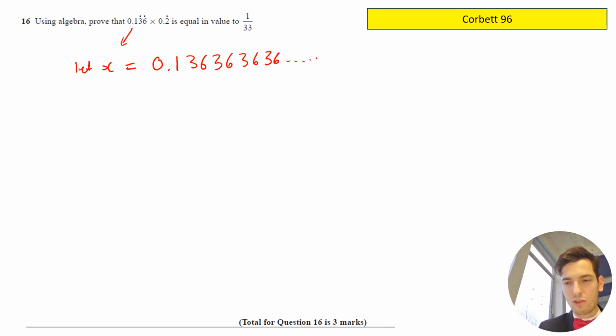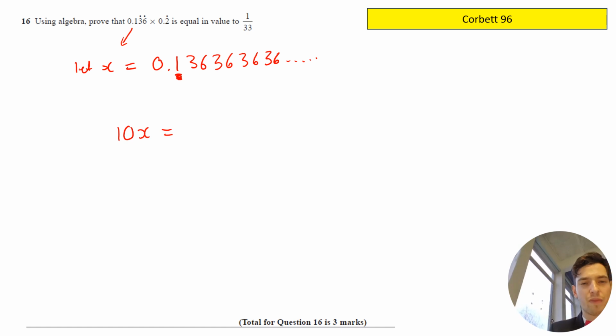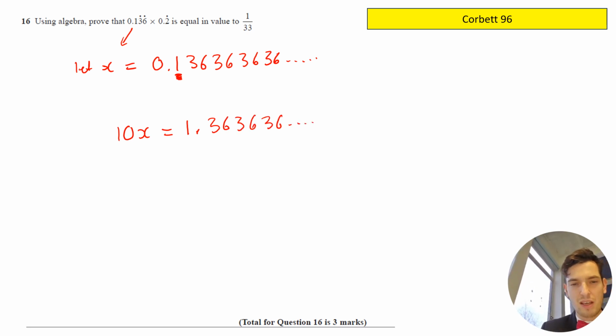Okay, so I know that if I've got one number after the decimal point, I need to take 10x to get rid of that one number. So 10x is equal to 1.36, 36, 36, etc. And the other thing I need to multiply by is 1000x.